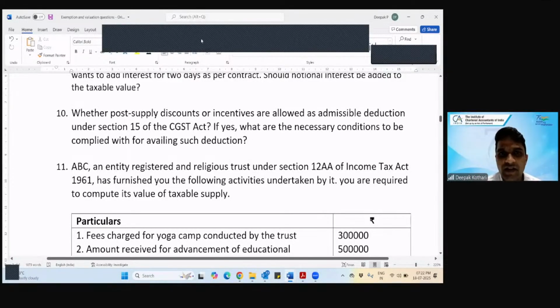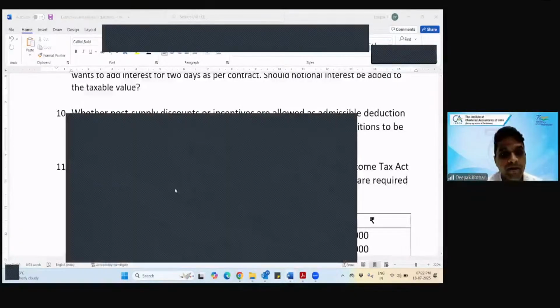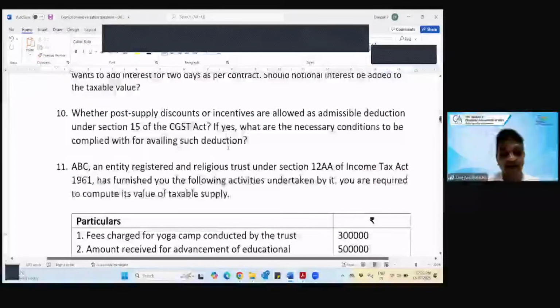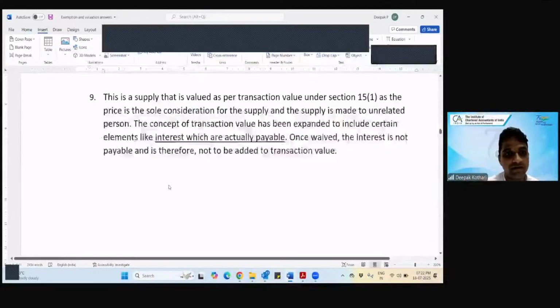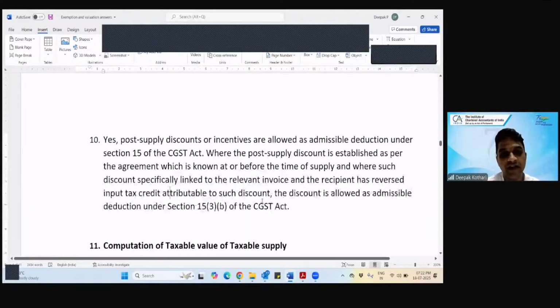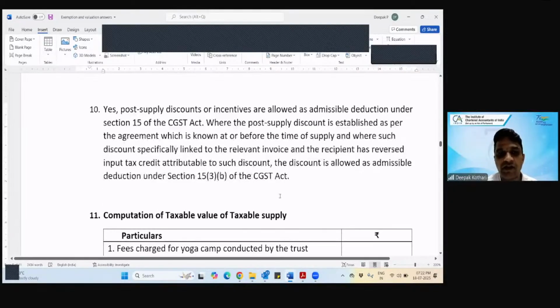This is a very simple question. If all the three conditions are satisfied, the correct statement is: it is in the agreement, linked to the invoice, and ITC should be reversed by the recipient. Correct. Where there is an agreement, it is linked to the invoice, and ITC is reversed by the recipient. That's a very simple answer. If you know the provisions of Section 50, then you will know these three conditions. Correct? That is what it says.